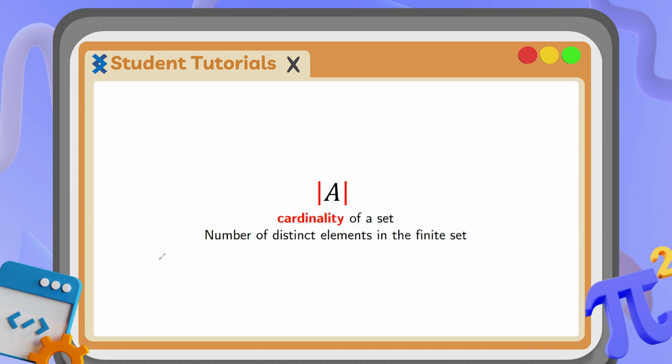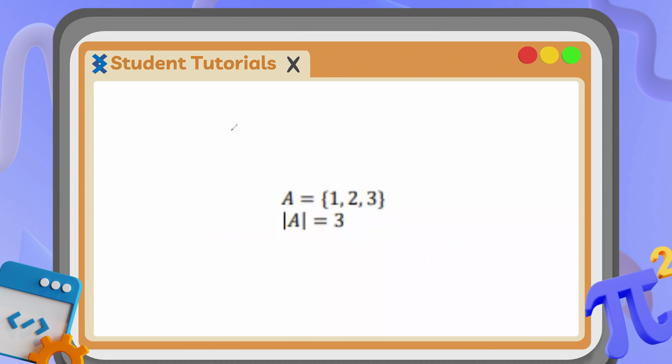So next we have the cardinality of a set, which is the number of distinct, emphasis on distinct, elements in a finite set. So here we have a set A containing numbers 1, 2, and 3. And since we're looking for the cardinality, the answer would be 3, because there are 3 distinct elements. So what if there are duplicate values now?